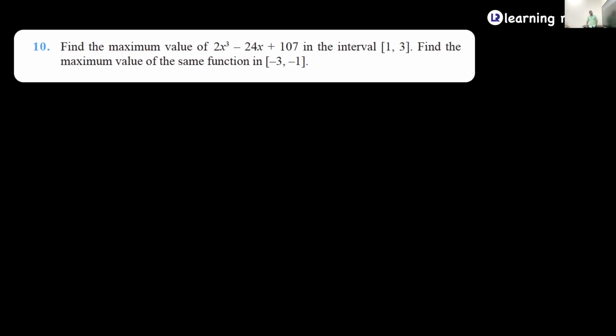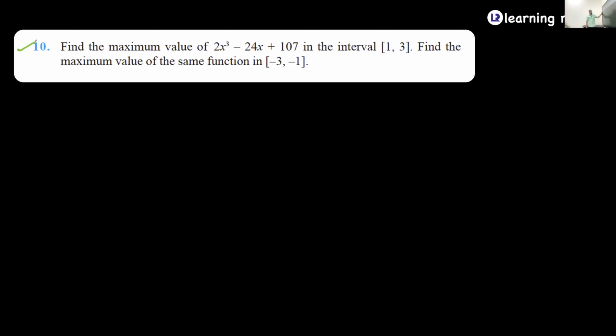So find the maximum value of, listen. Find the maximum value of 2x cube minus 24x plus 107 in the interval 1 to 3.